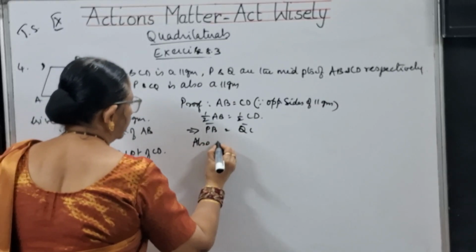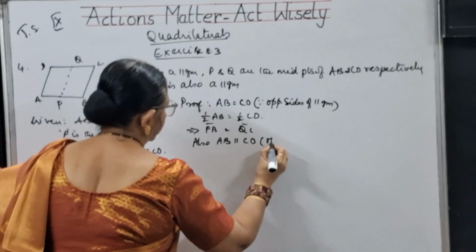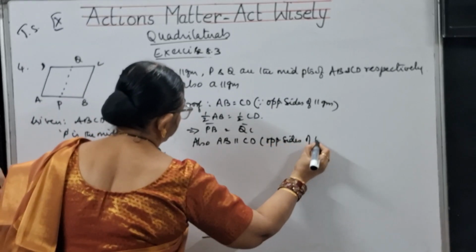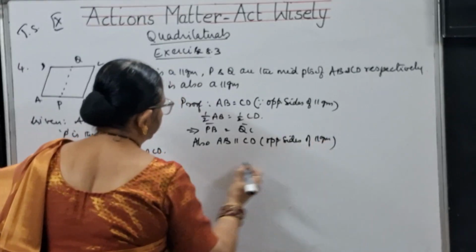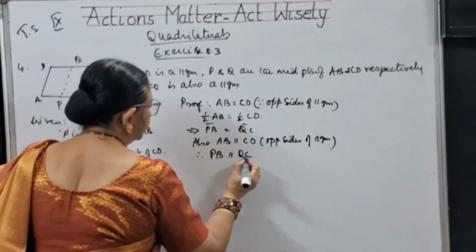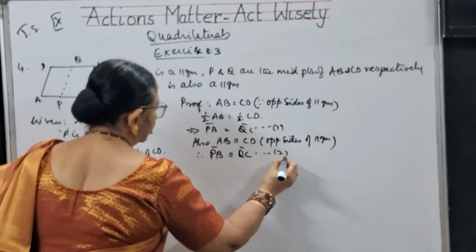Also, AB is parallel to CD because opposite sides of a parallelogram are parallel. Therefore, PB is also parallel to QC. So we can consider this as the first one, this as the second one.